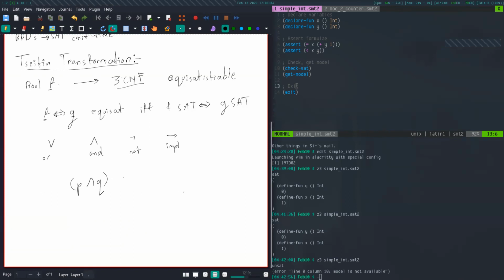And let's say that this implies P or not R. So let's just work with this as our example formula. Yeah, so this is our formula.